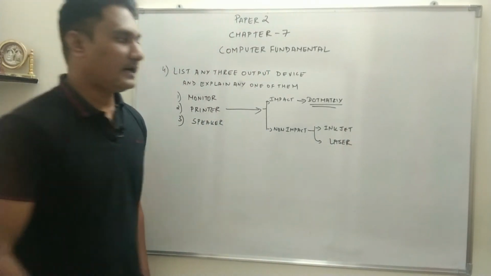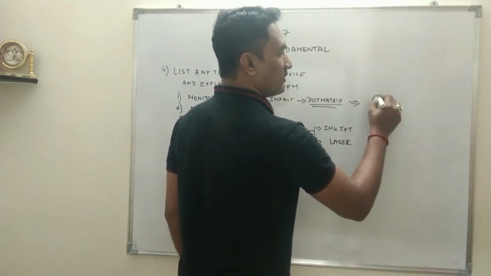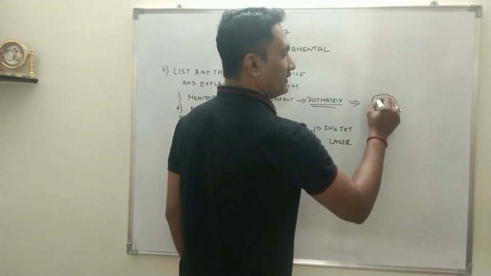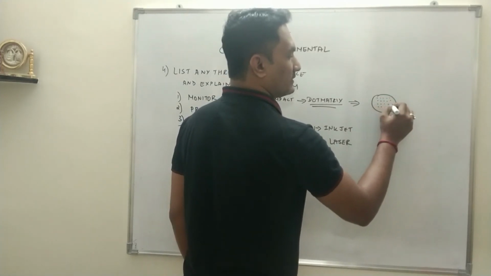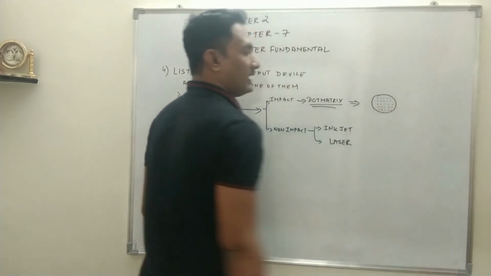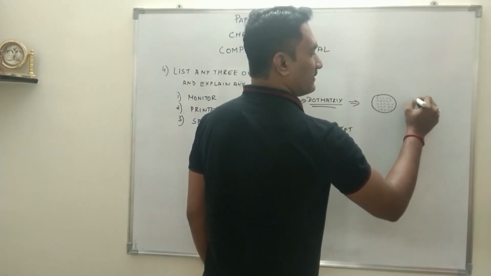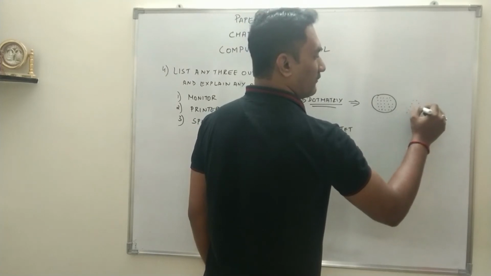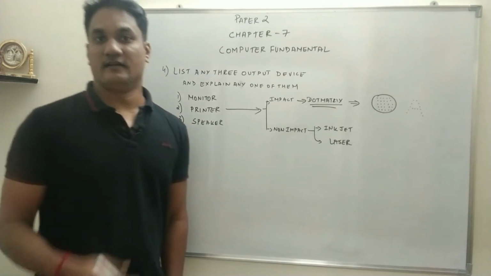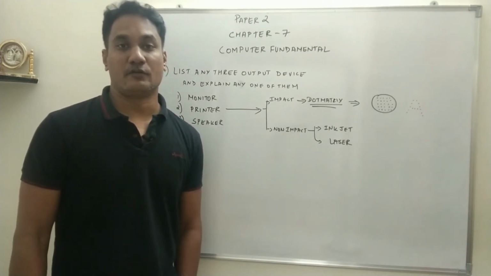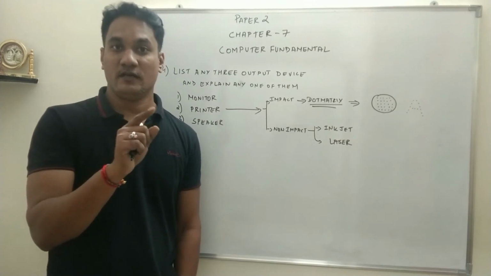In a dot matrix, what happens is, a dot matrix has a matrix of tiny needles in a nozzle like this. Suppose A has to be printed, so A shaped dotted lines will come out and hit the ribbon, and of course the paper will print A. So a letter will be printed one at a time.